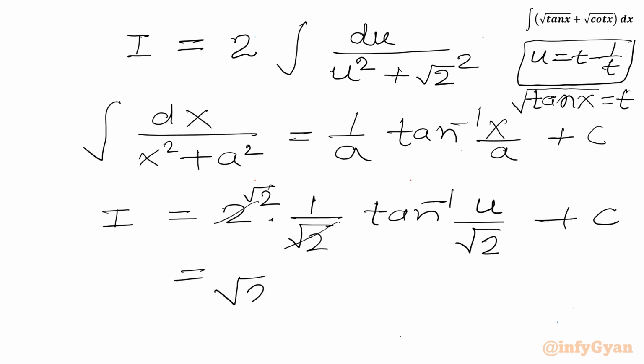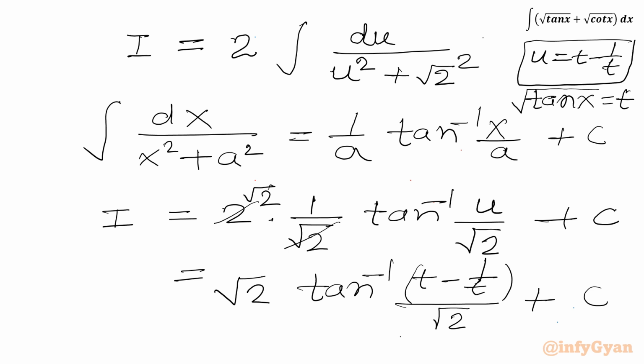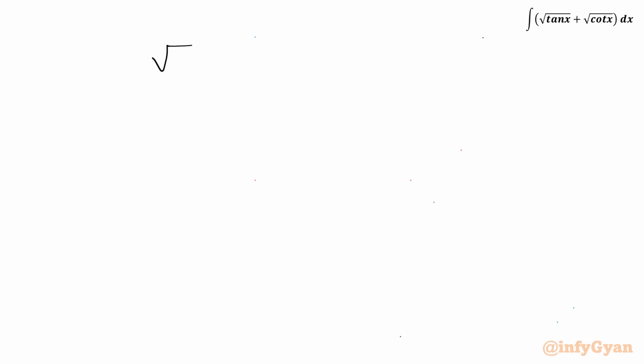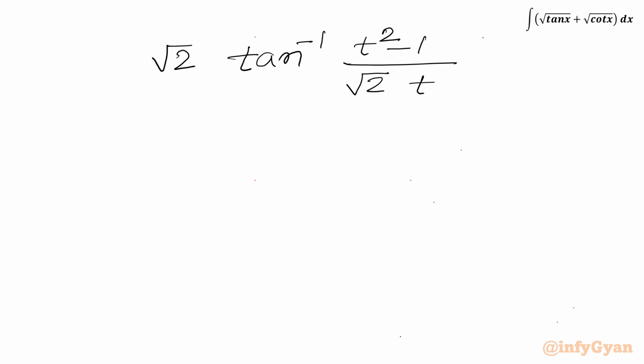So I can write root 2 tan inverse t minus 1 over t divided by root 2 plus c. Now I can take LCM in the numerator. So t square minus 1 over root 2t. Let me write root 2 times tan inverse t square minus 1 over root 2 times t plus integration constant c.